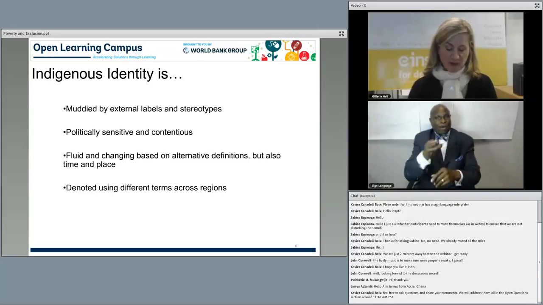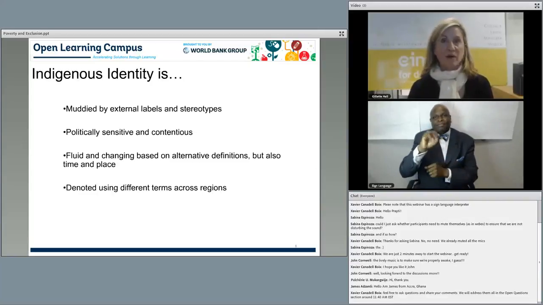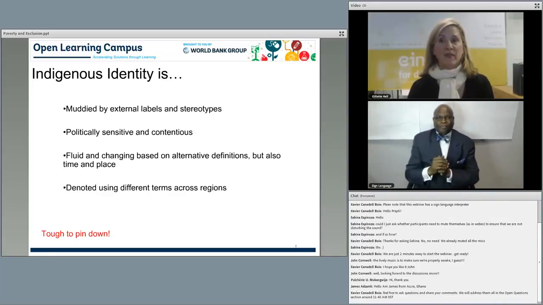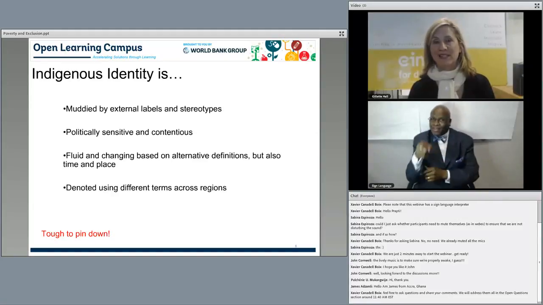But for example, the Maasai tribe in Kenya make up at least 30% of the Kenyan population. They are considered Indigenous by the United Nations Permanent Forum. They consider themselves to be Indigenous, but the government refuses to recognize them as Indigenous peoples. Therefore, international institutions such as the World Bank have trouble recognizing them as Indigenous because this can jeopardize their relationship in working with that government.